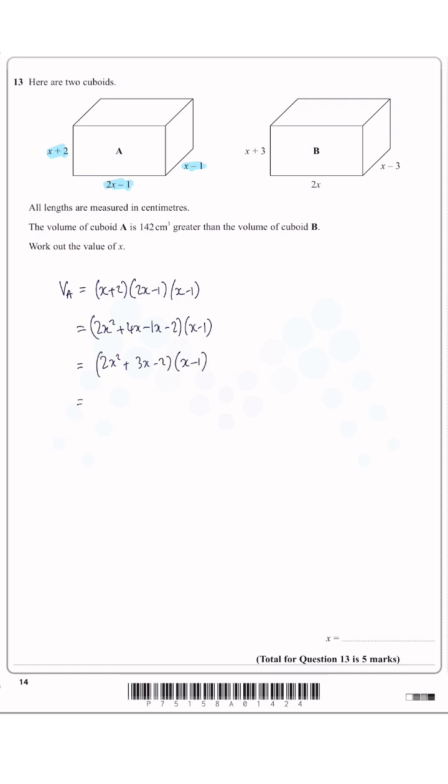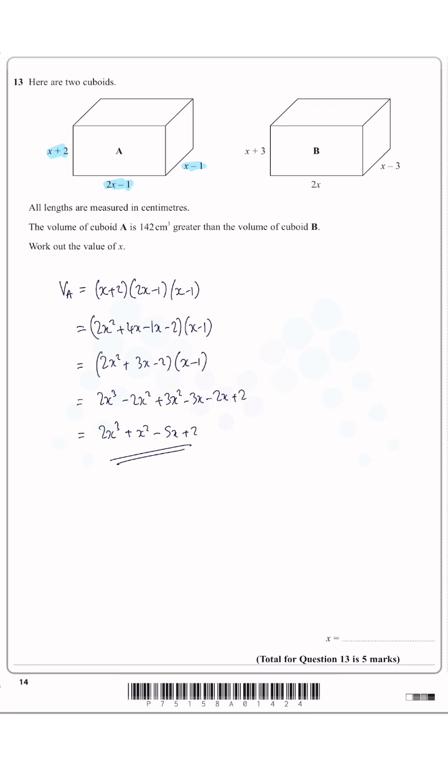So if I expand these two brackets now, I'll have 2x cubed minus 2x squared plus 3x squared minus 3x minus 2x plus 2. Collect like terms, and I have 2x cubed plus x squared minus 5x plus 2. And this is the volume of A.